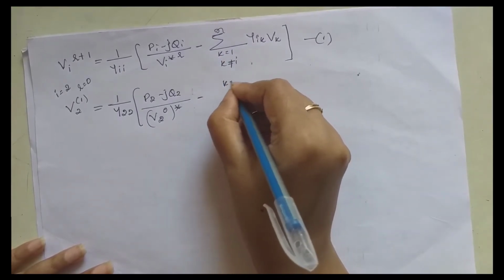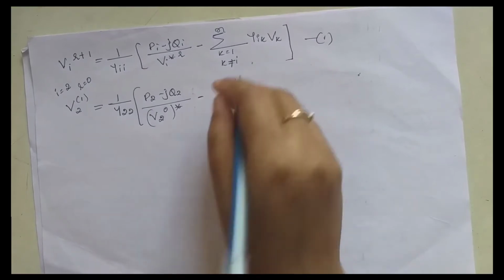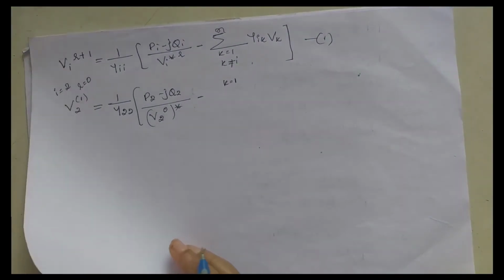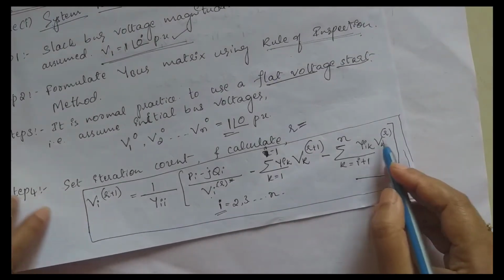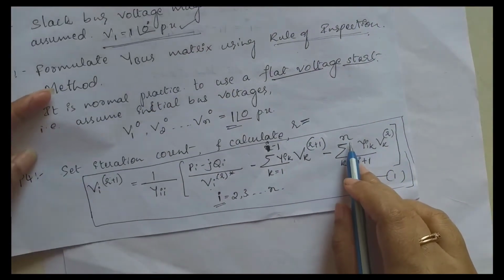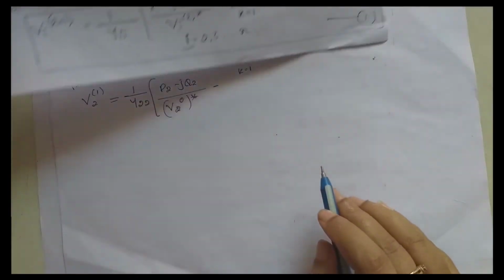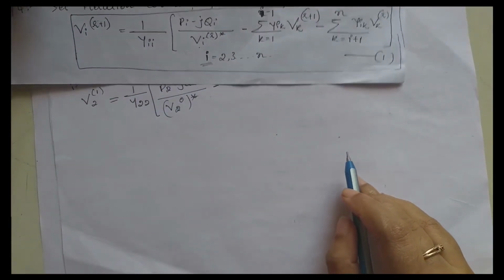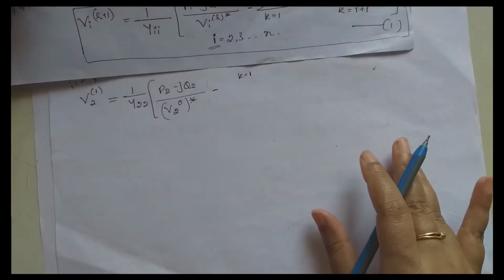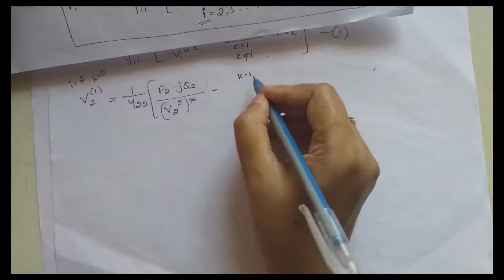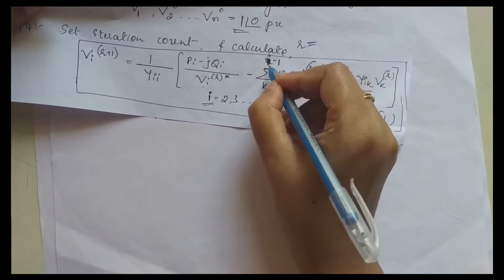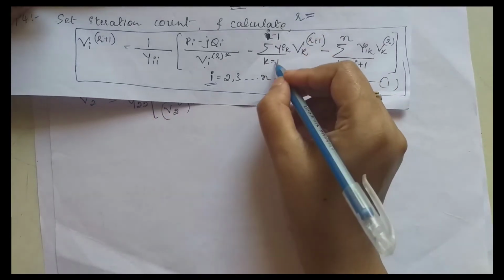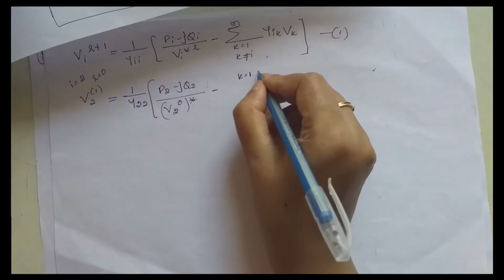So k varies from 1 to i minus 1 we are taking first, then we are taking i plus 1 to n. Okay, so this is the formula. k varies from 1 to i minus 1, i is 2, 2 minus 1 is 1. So k varies from 1 to 1, which means only one parameter will be there.